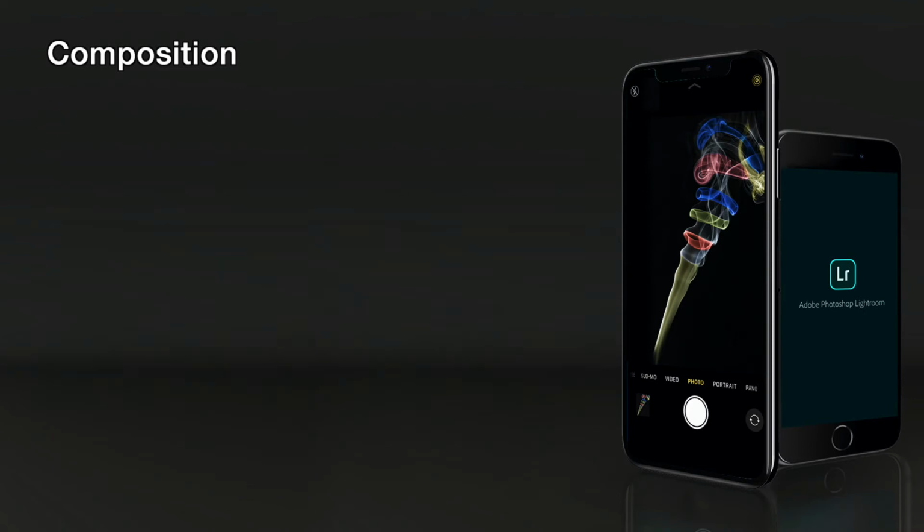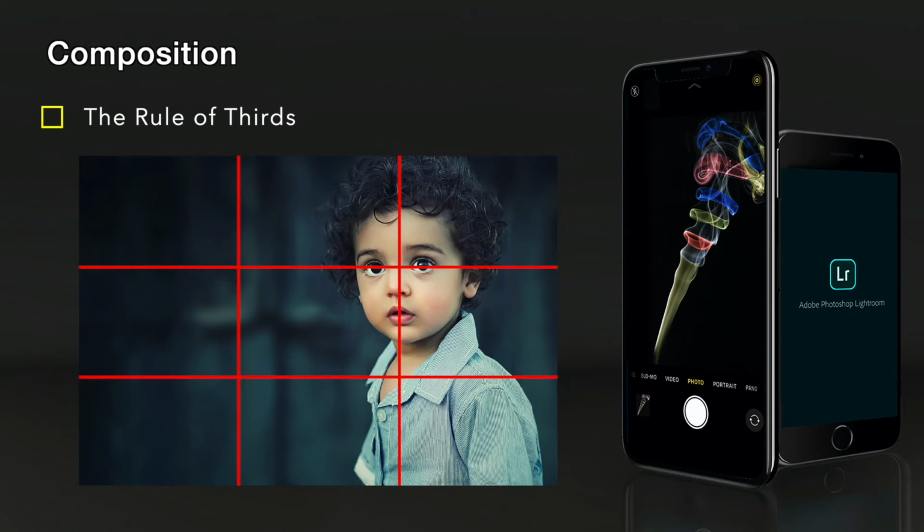Rule of thirds. As mentioned at the beginning with the camera settings, the rule of thirds is so important within composition. When using a grid on the camera, try and get the subject on one of the outer thirds, or the eye on the converging points.